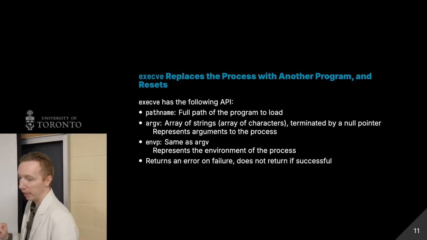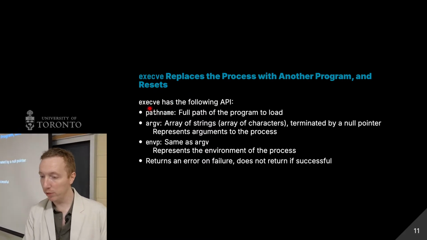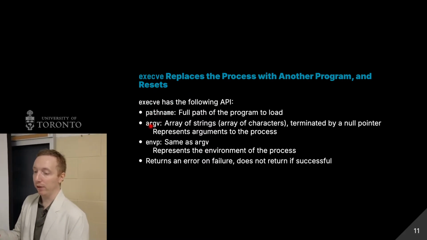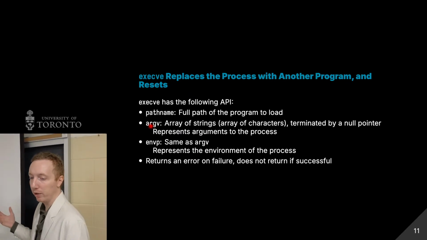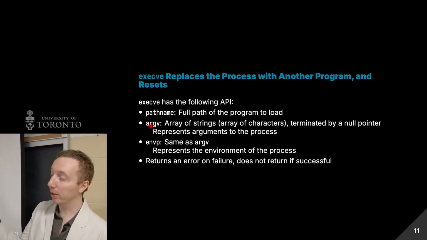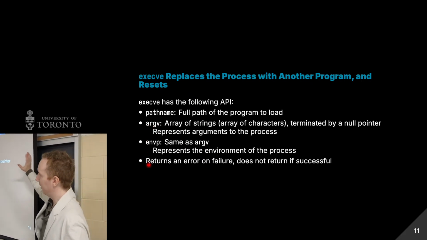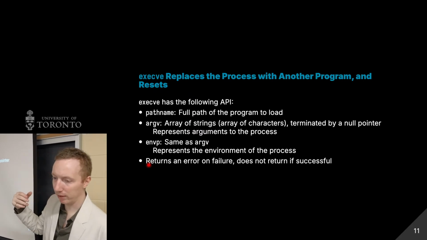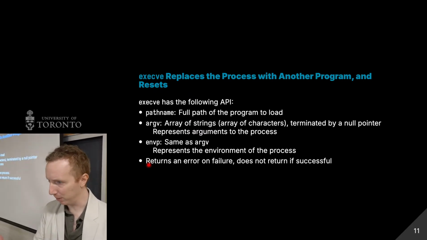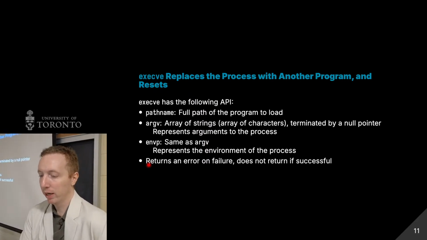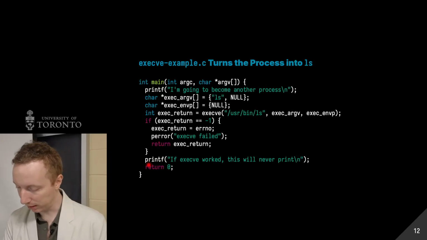It has the following API where it needs a pathname, so that's the full name of the program to load. argv, which is an array of strings, which is an array of characters, terminated by a null pointer, that represents the arguments to pass to the process. envp is the same as argv, but that represents the environment of a process. We won't get into it really in this course, but it's basically just global variables. And then it also returns an error on a failure, and does not return if it's successful.